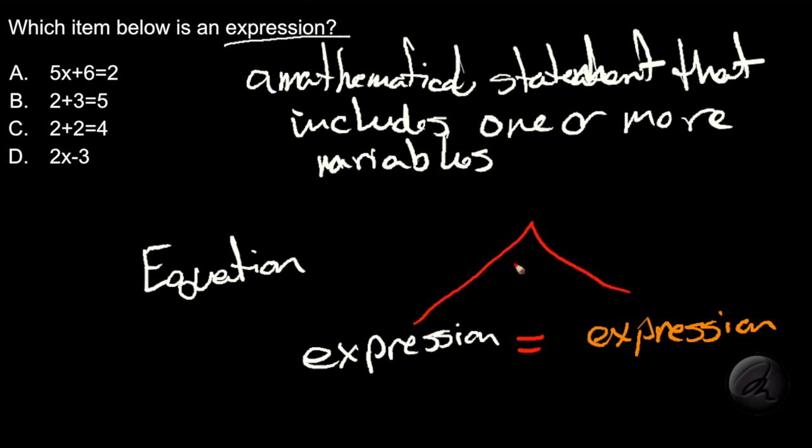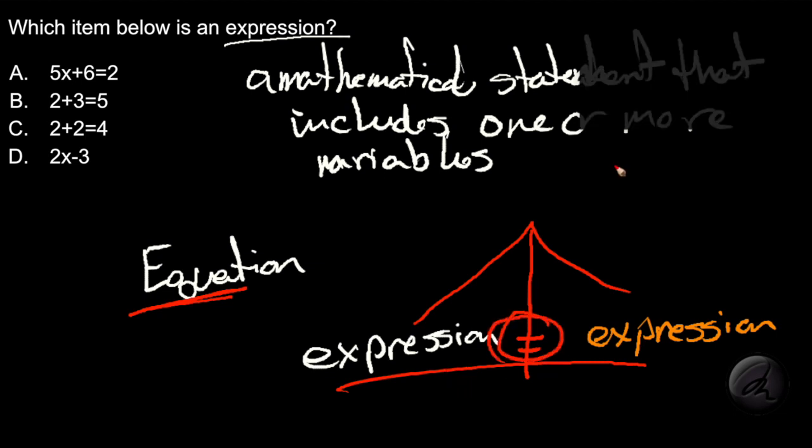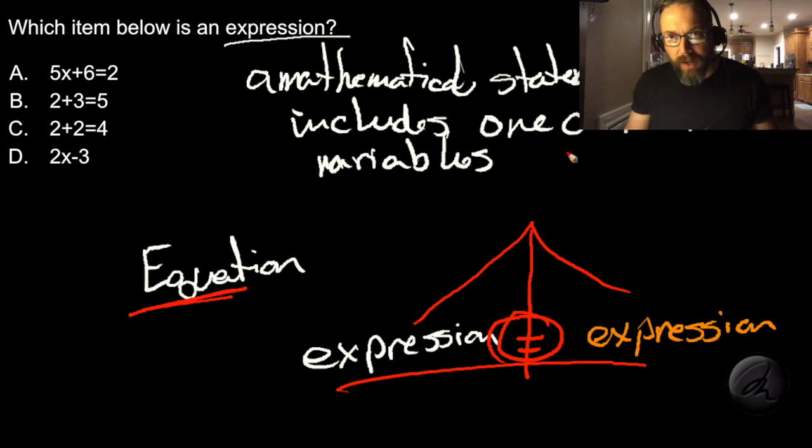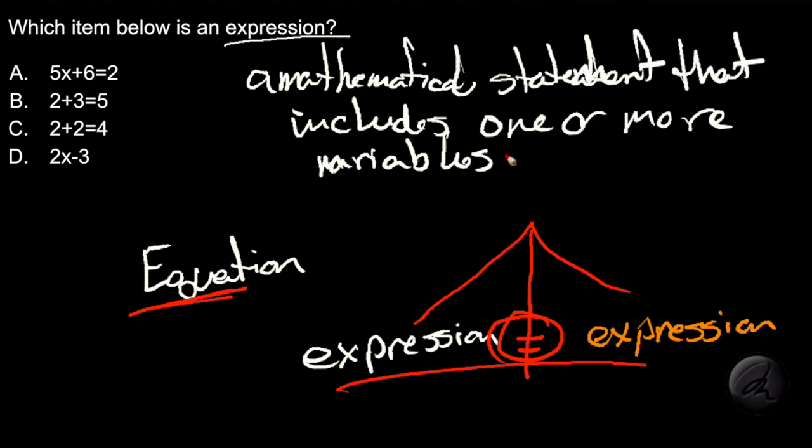We can kind of see our little balance scale here, and it's telling us that these two expressions are equal, which is funny because equation has equal in its name.